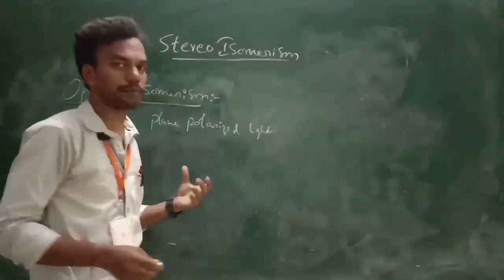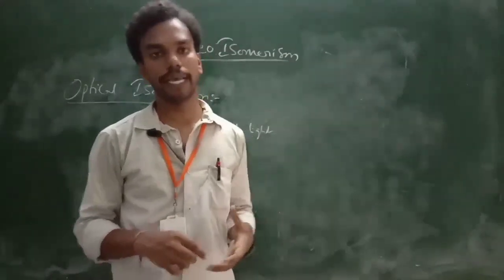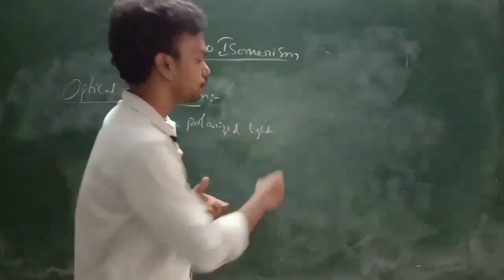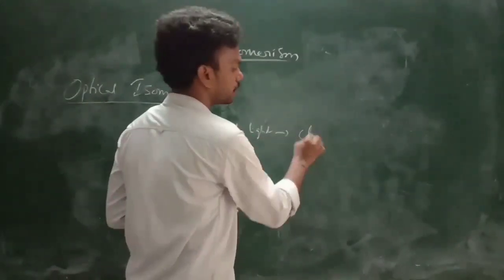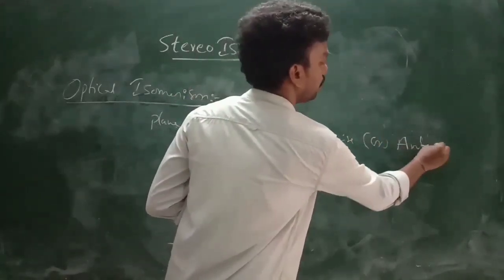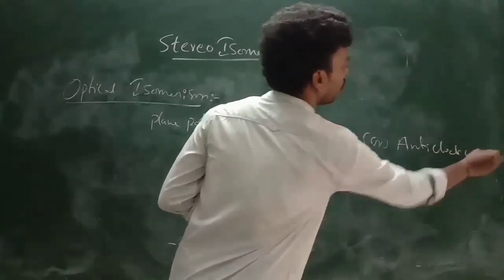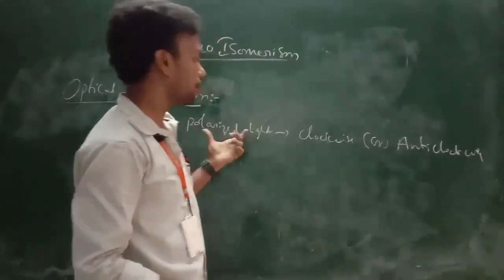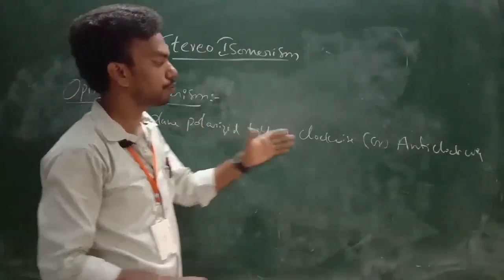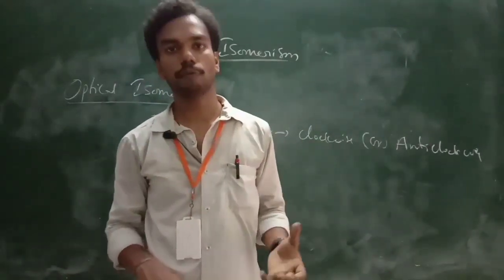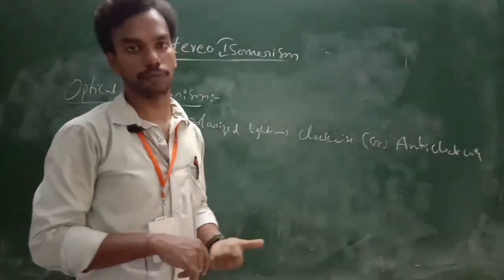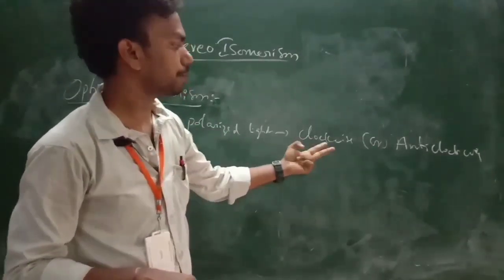When plane polarized light passes through the solution of a complex, if that complex compound rotates the plane polarized light towards the right, that is clockwise, or anti-clockwise, towards the left, then that complex compound is optically active and shows optical isomerism, and the phenomenon is known as optical isomerism. Here we get two types of isomers.